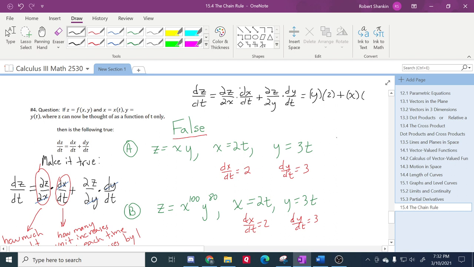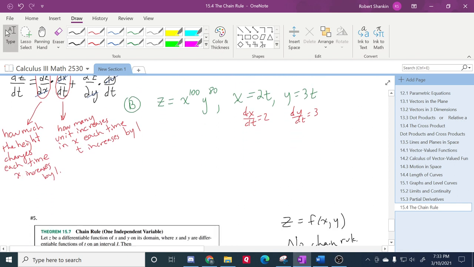And this was 3. So dz dt is 3x plus 2y. That'd be it, when we use the chain rule correctly.